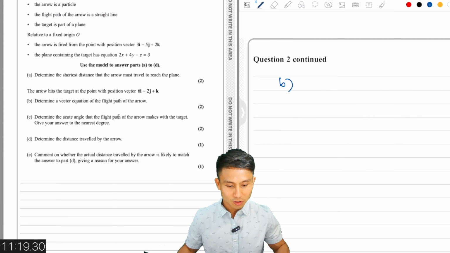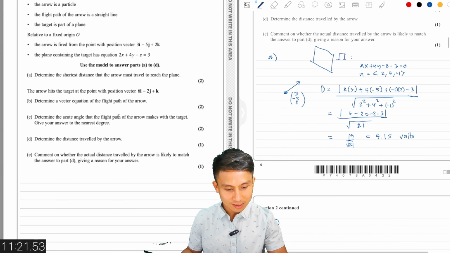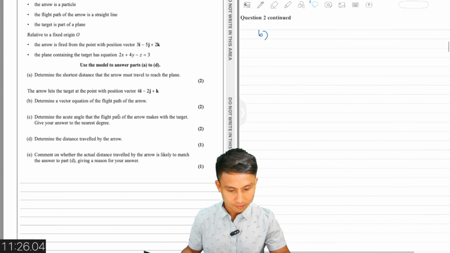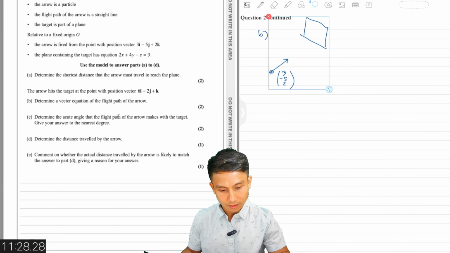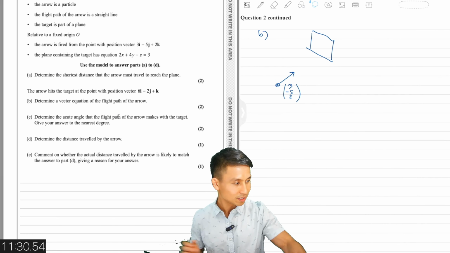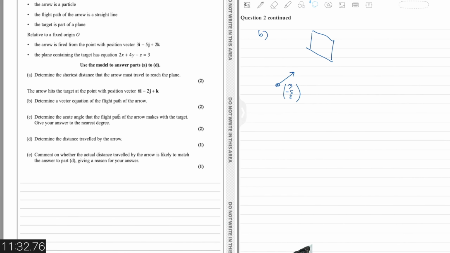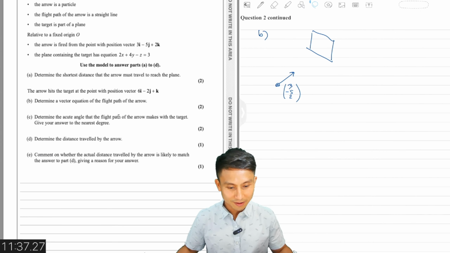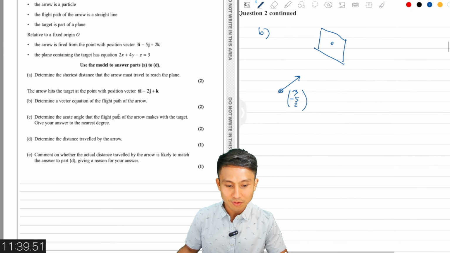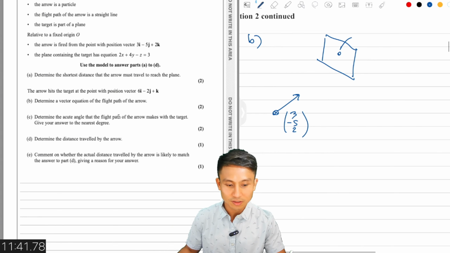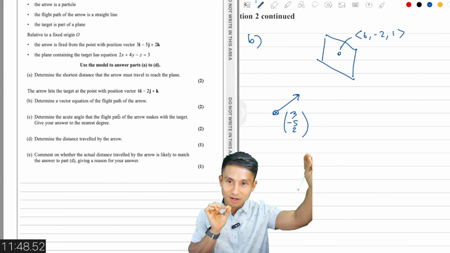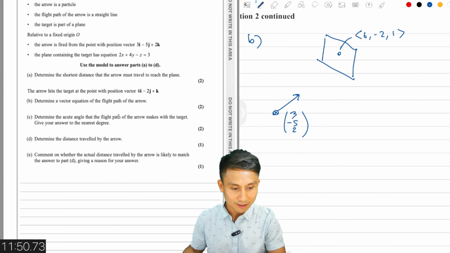So basically, we're just going to take this thing again, just to visualize. We have a point on the plane, which they already told you, which is (6, -2, 1), because we're going to hit that point on the plane directly.